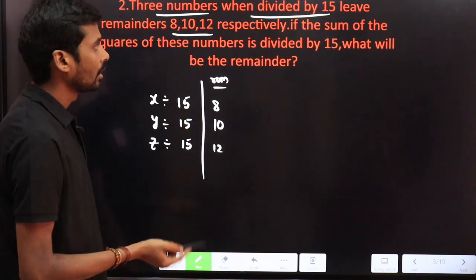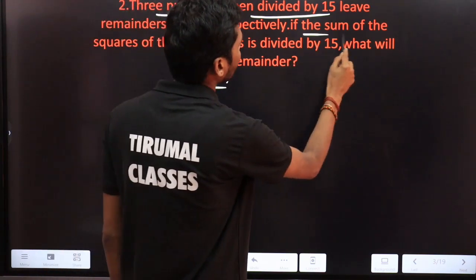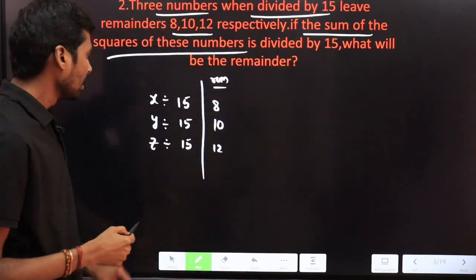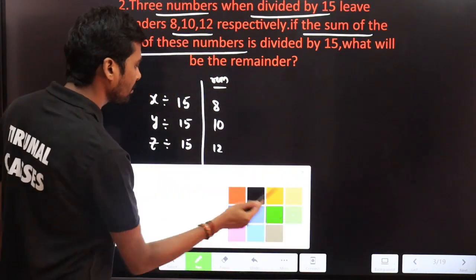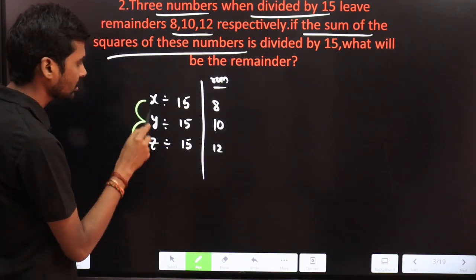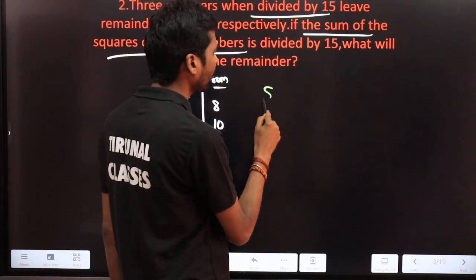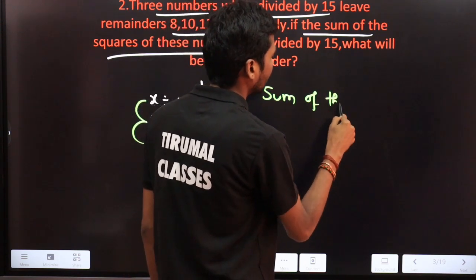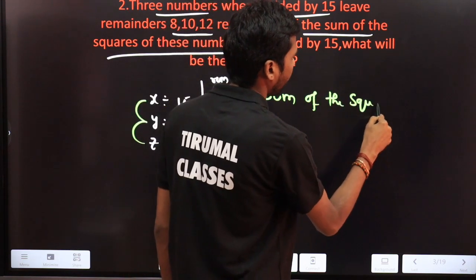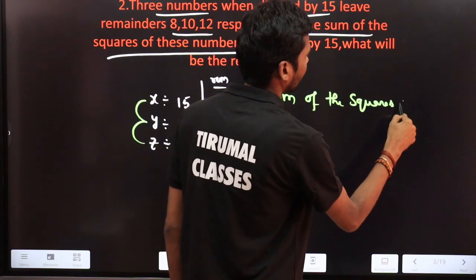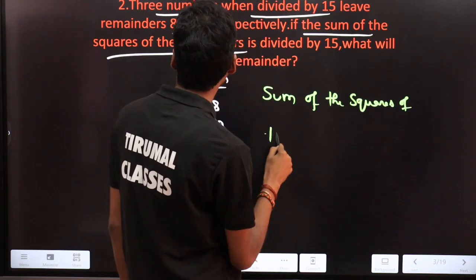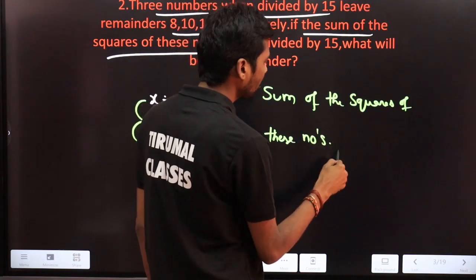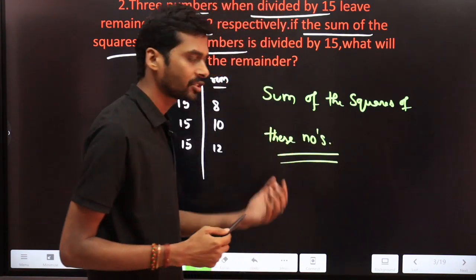The next statement is: if the sum of the squares of these numbers is divided by 15. First we have to interpret this statement, the sum of the squares of these numbers. A lot of students get confused with this term.